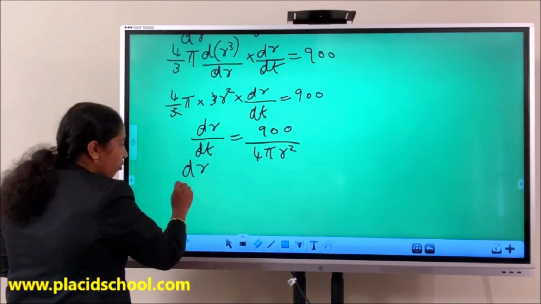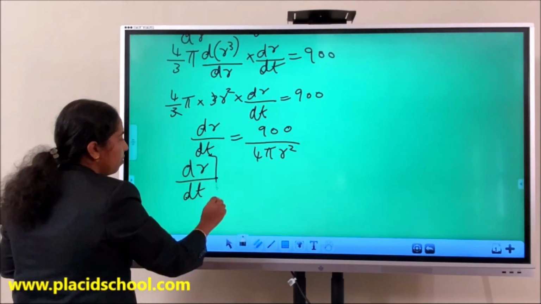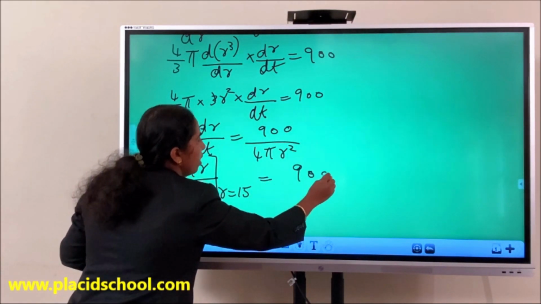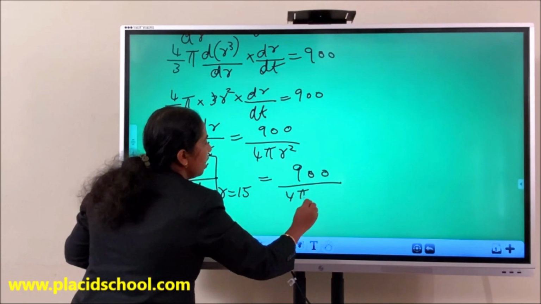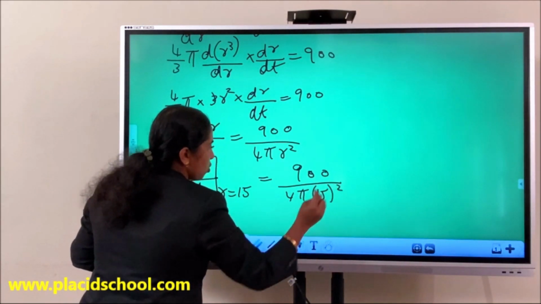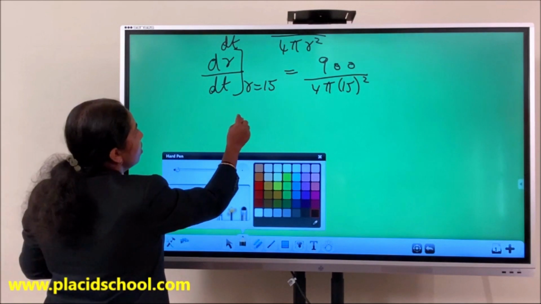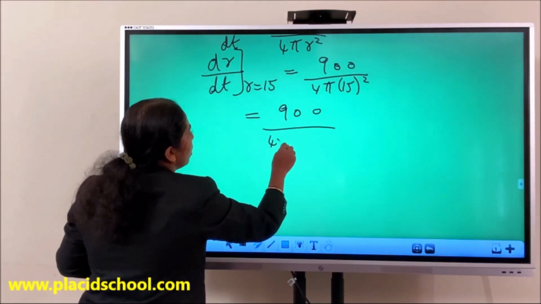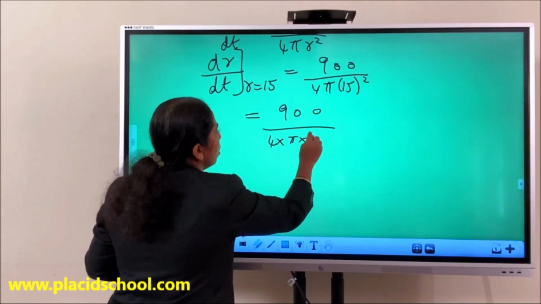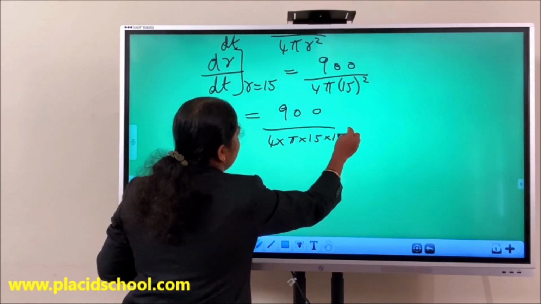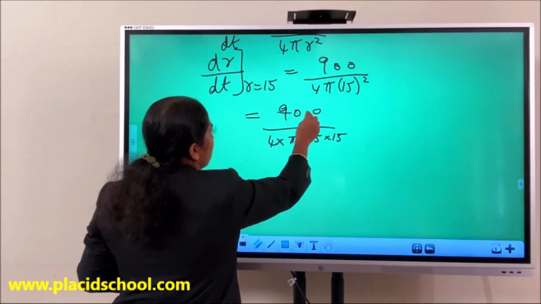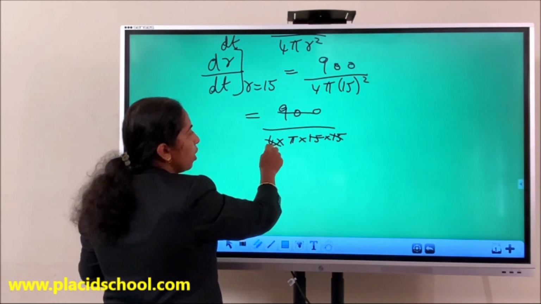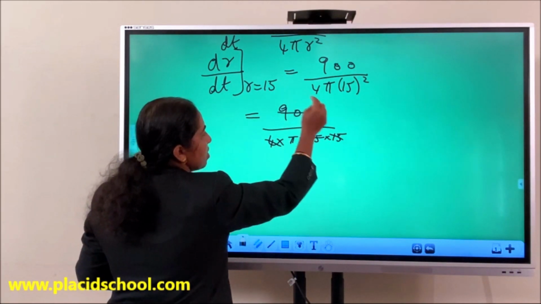Now the rate of change of radius with respect to time when radius is 15 centimeter is 900 by 4 pi into 15 the whole square. On simplification, this will be 900 by 4 into pi into 15 into 15. 15 into 4 is 60, and 60 into 15 is 900.